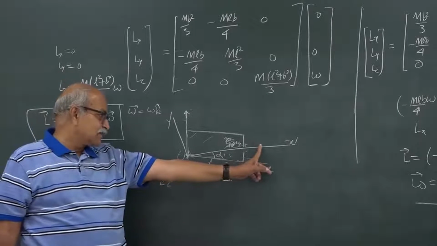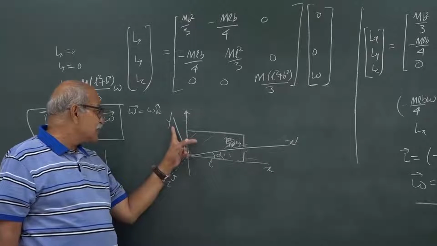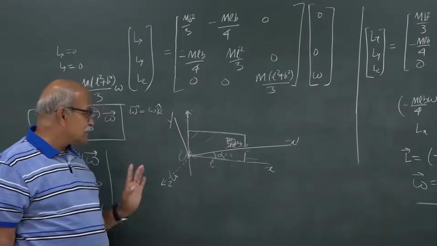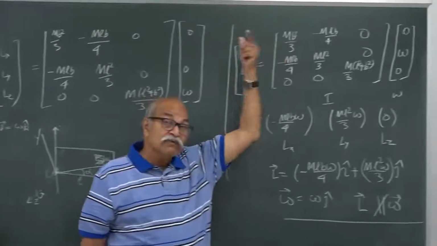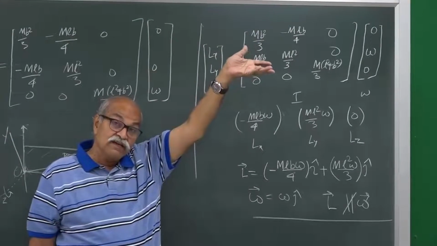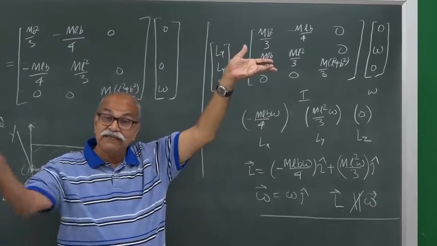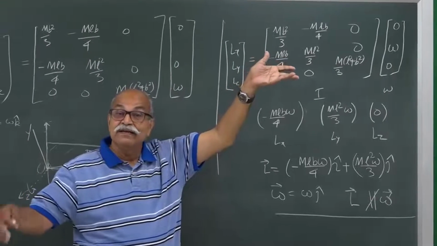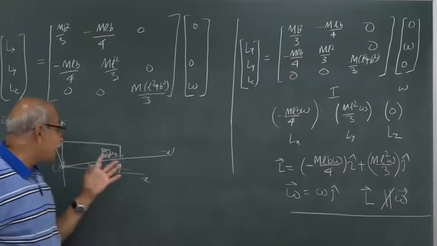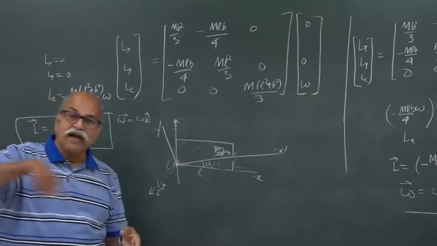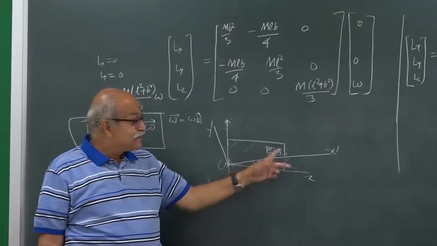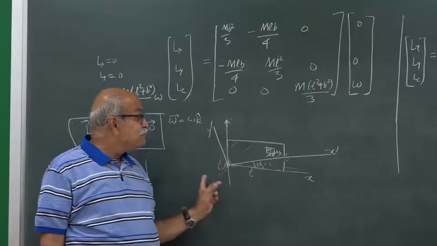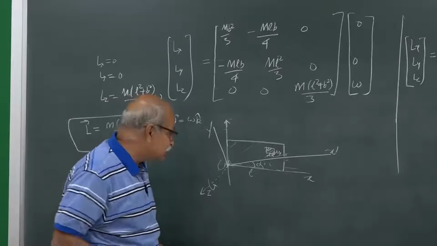So, take this as x axis, take this as y axis and the z axis is here, and calculate these terms as I had calculated from the very basic definitions. Ixy is equal to minus summation m_i x_i y_i. Calculate that product of inertia, put that equal to 0 and find what is alpha. Then you will get those three principal directions.